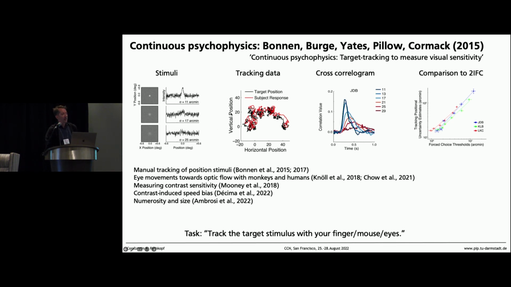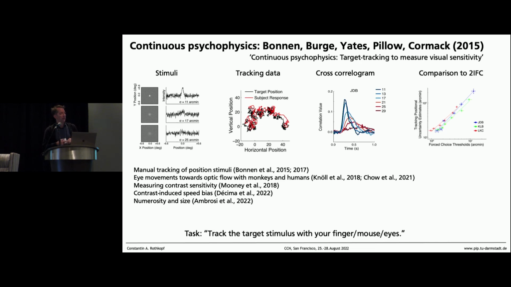All right, and so the data is much richer, of course, than false alarms and correct rejections or something. So you have the track of the target and the track of the finger. And so Kate Bonnen and Larry and colleagues looked at the cross-correlogram of that as one way of finding differences between different conditions. And then they also very carefully measured the 2AFC thresholds, and they saw there was a discrepancy between those measures.